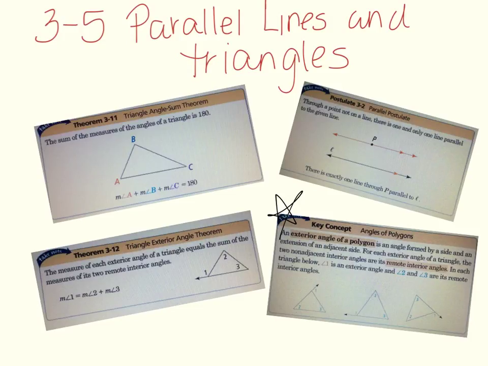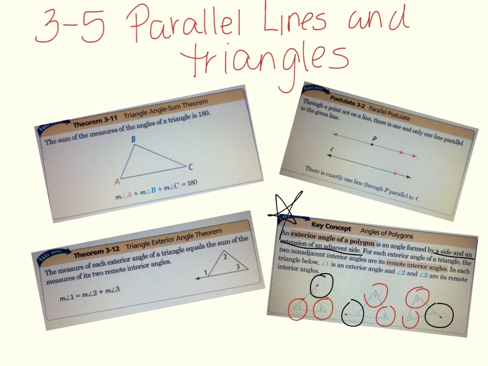The exterior angles are the angles that are formed by a side and an extension of the adjacent side, so angles 1 in all of these pictures. For each exterior angle of a triangle, the 2 non-adjacent interior angles are called the remote interiors. So that's all of the angles 2 and 3 in these pictures. In each triangle below, you'll see that they're already marked, and I circled them for you.